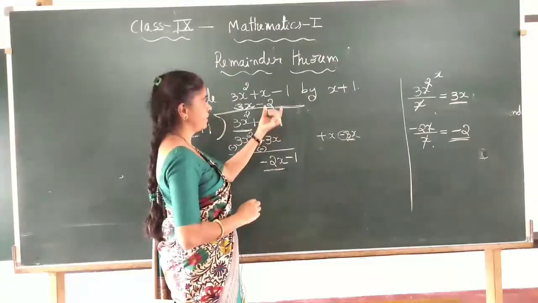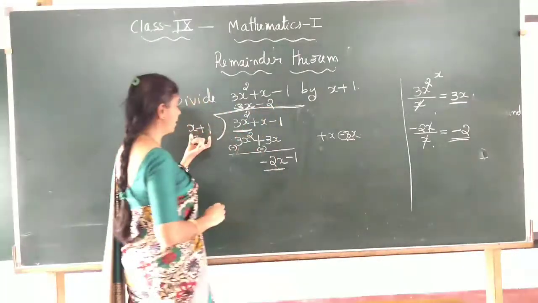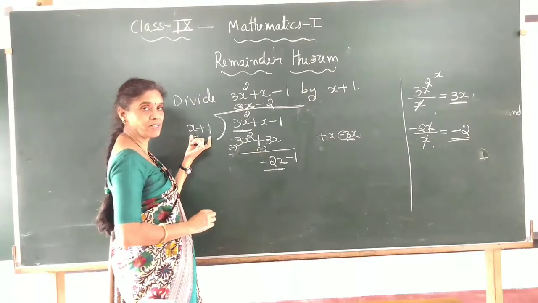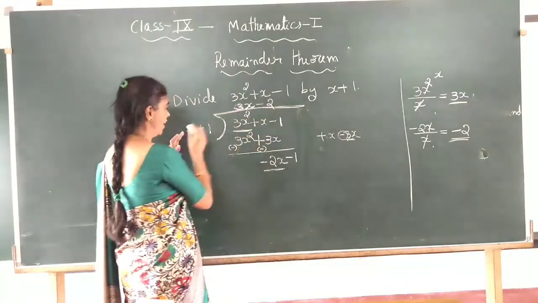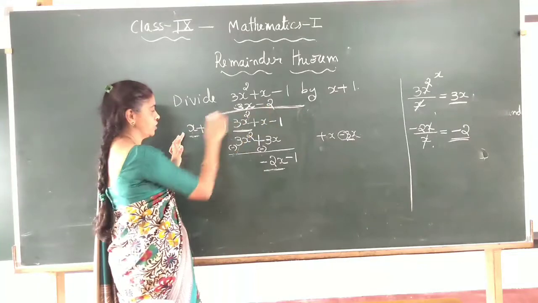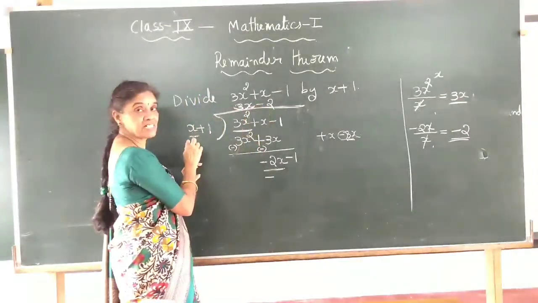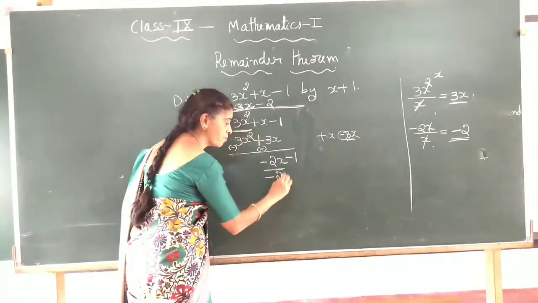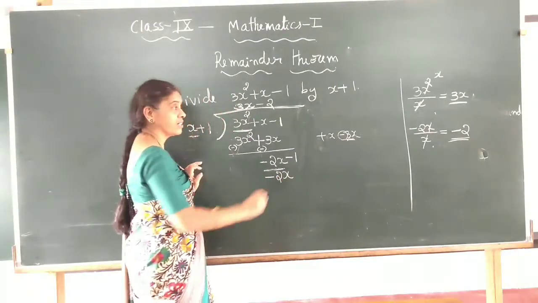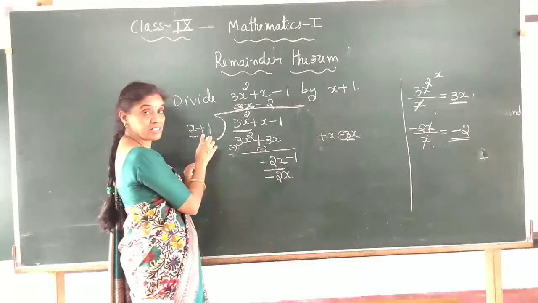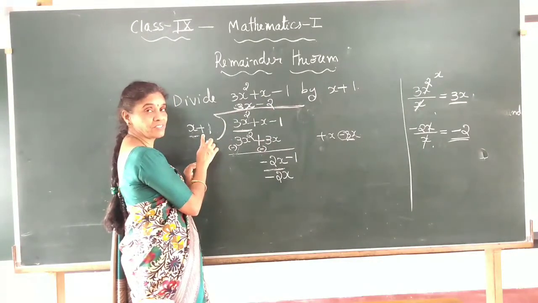What is the next step? This particular number completely multiplies the divisor x plus 1. So minus 2 into plus x. Minus into plus is minus. 2 into x is 2x. Right? Now minus into plus here. The sign you always have to write first in algebra.